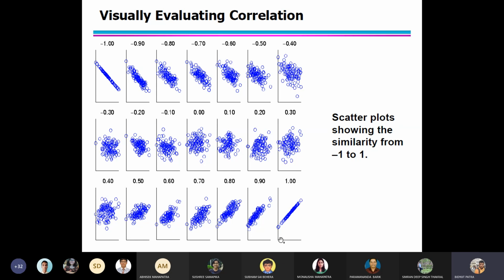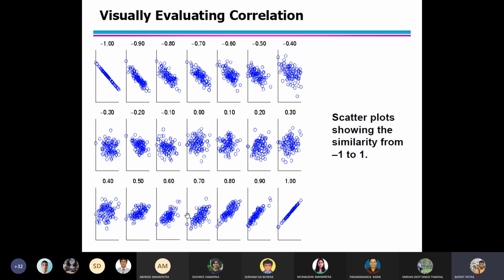Now what we see is that the value of x is increasing and the value of y is increasing. Here also x is increasing, y is increasing, up to 0.5.